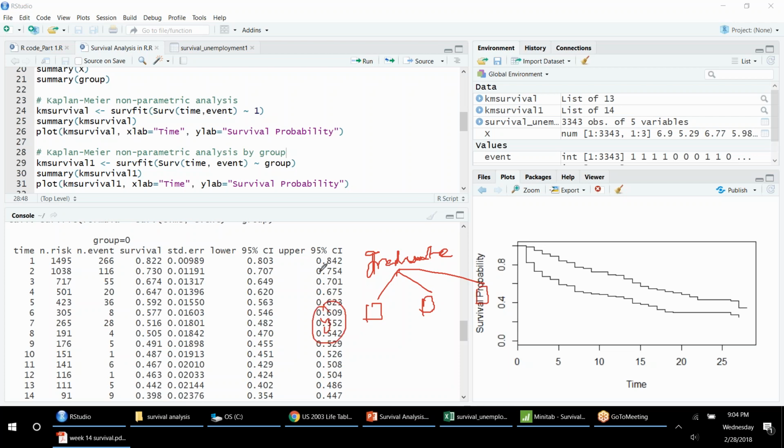But in survival analysis, we will not be able to classify. Rather, we will say, what is the time duration of this event?